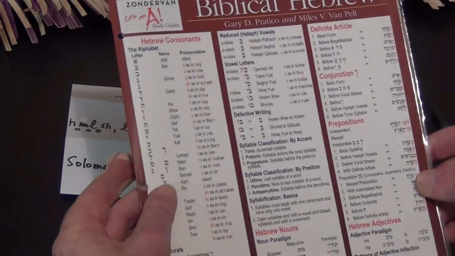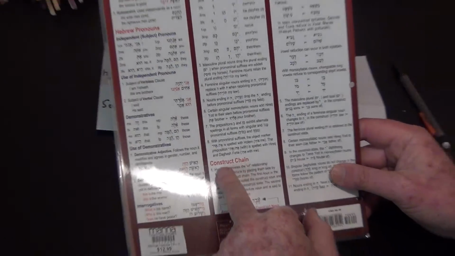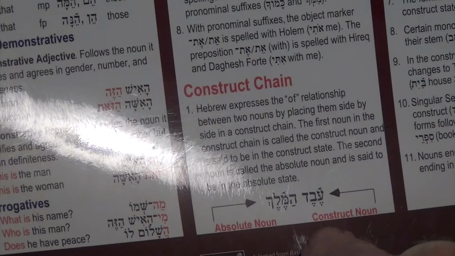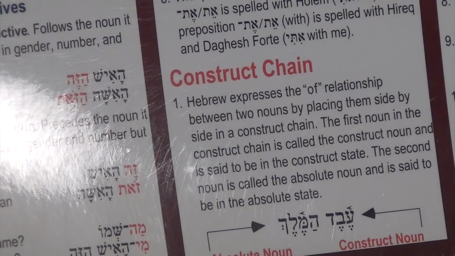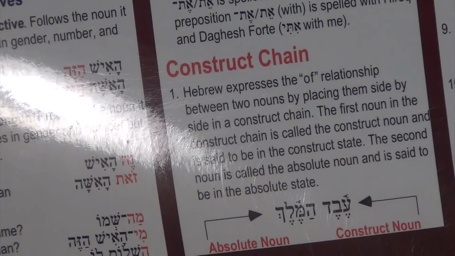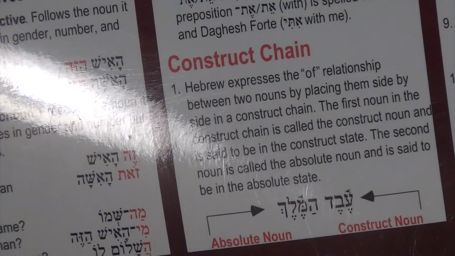So we go to the last page in the middle column, and it talks about the construct chain. So you can read about it here. And they give a little bit more technical terminology than we've been worried about, but I guess you need to know it if you're going to study it any more.